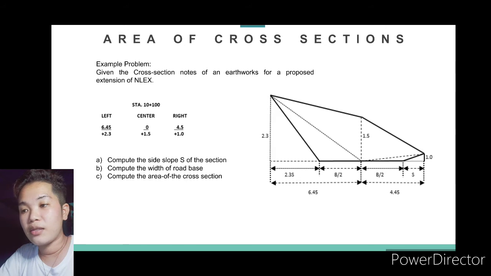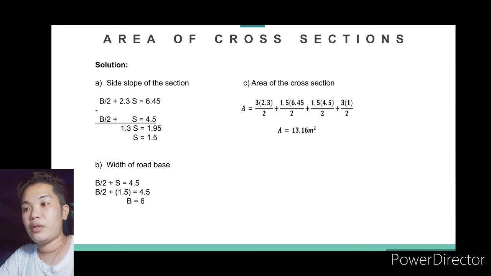Now we are asked to compute for the side slope S of the section, the width of the road base, and the area of the cross-section. So to solve for the side slope of the section, we are going to use the equation b over 2 plus 2.3s is equal to 6.45, which is the horizontal distance from 0 on the left side.